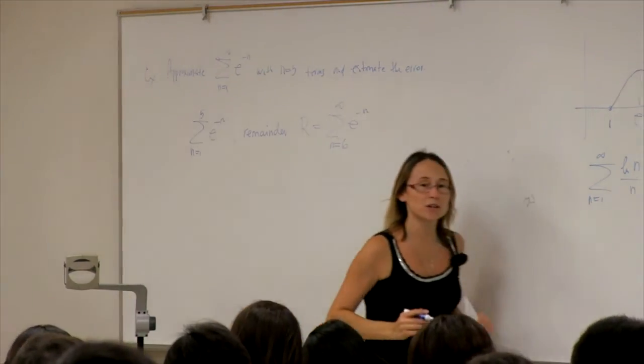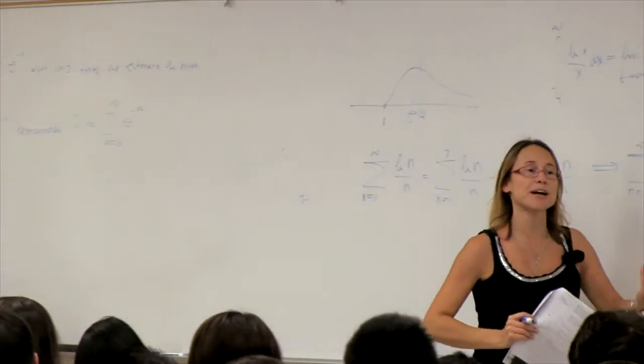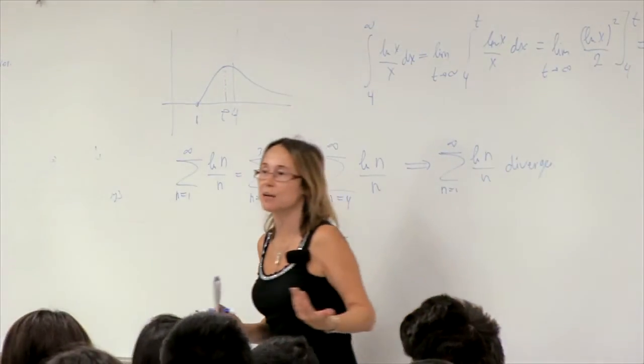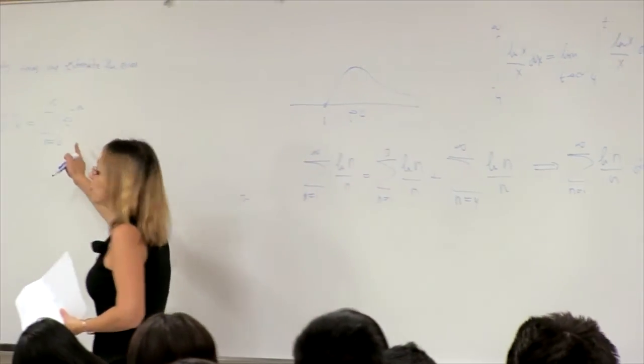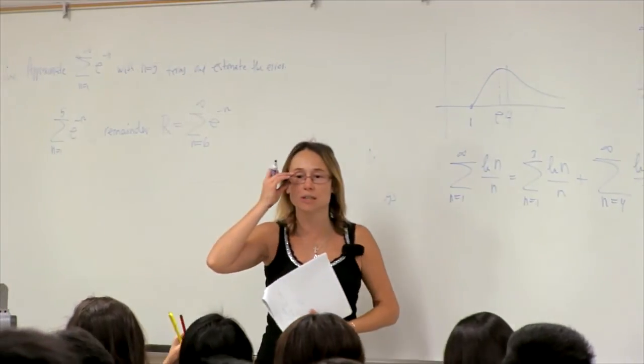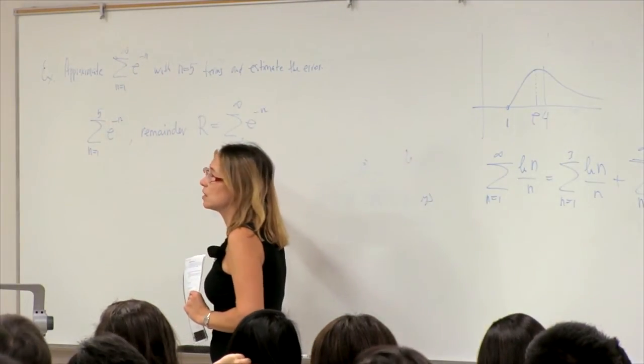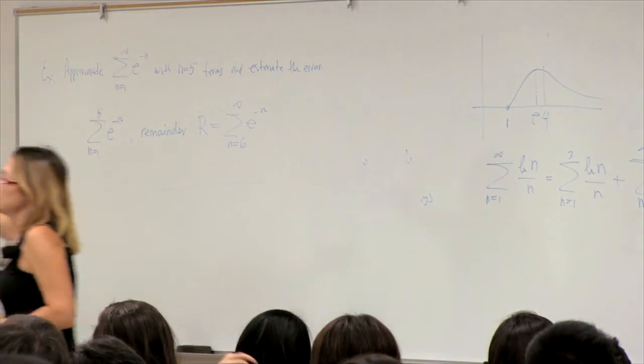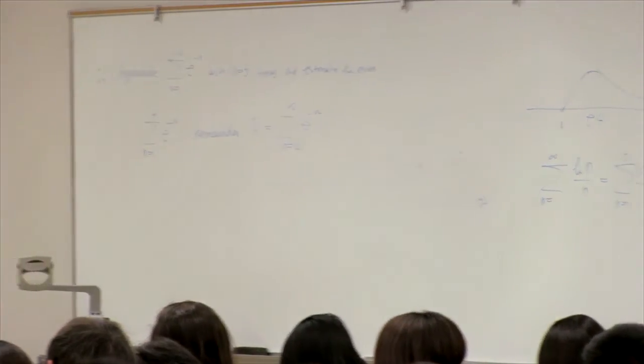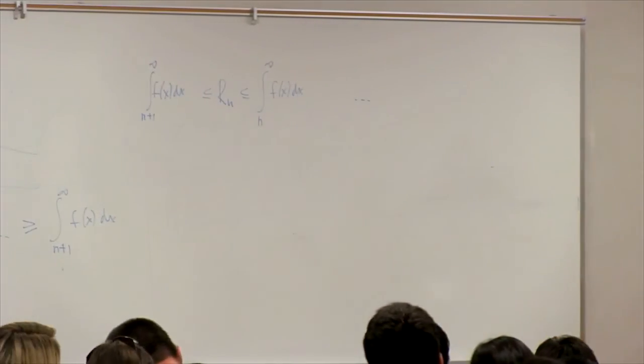This is the error of my approximation, the price I pay for my laziness. If I only have time to add up 5 of them, how much do I lose with respect to the actual precise answer? So this remainder is my error, and it has to be less than this integral, right? According to the theorem.